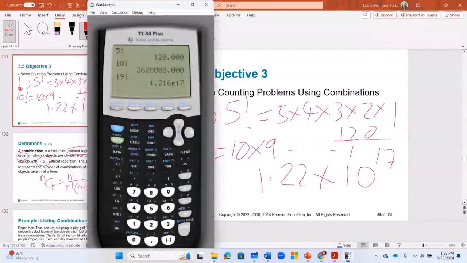There was a test where somebody was told to calculate 19 factorial. I believe this person was never in class, so she never understood what this is. E here means scientific notation, so it actually means times 10 to the power 17. That's all. It's not even a big deal.